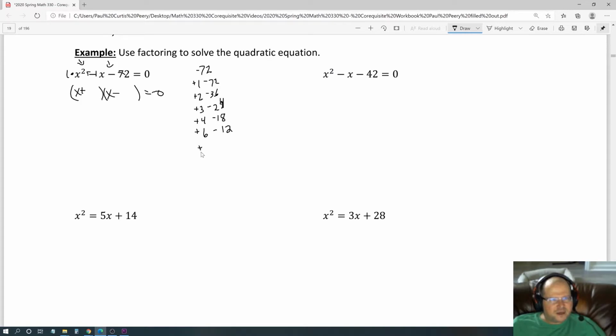Then a positive 8, negative 9. I flipped the numbers temporarily. And that's good enough.